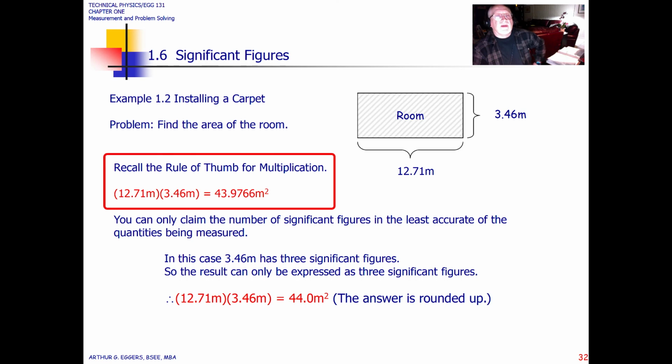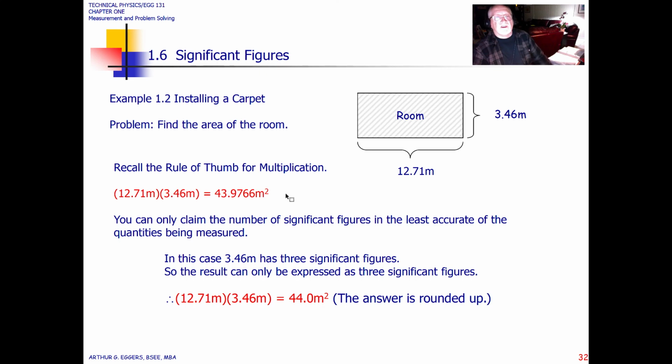Looking at another example here, we have a room that is 12.71 on the long side, 3.46 on the short side. Recall the rule of thumb for multiplication. We're going to find the area here by doing the product. 12.71 meters times 3.46 meters gives me 43.9766 meters squared. That value cannot be used, okay, because it exceeds the significant figures.